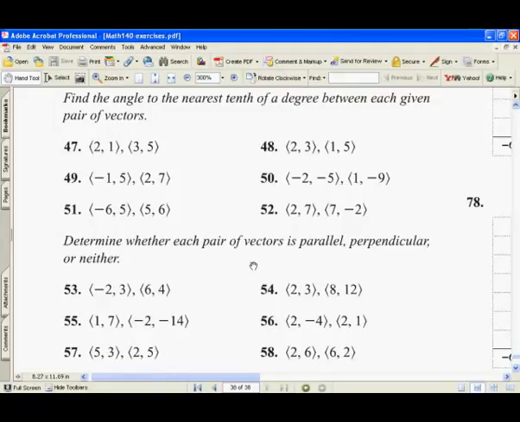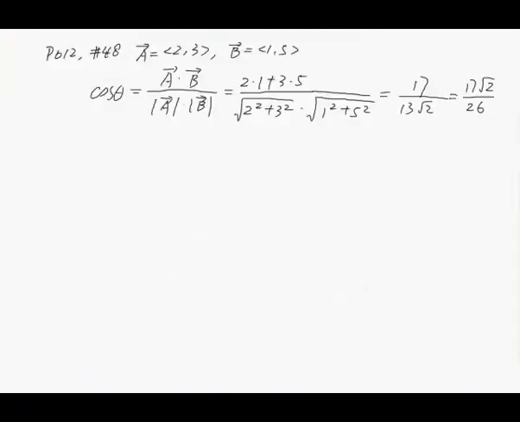We need to determine whether this pair of vectors is parallel, perpendicular, or neither. Actually, when two vectors are parallel, A parallel to B, you must have one vector equal to a scalar multiple of the other vector.